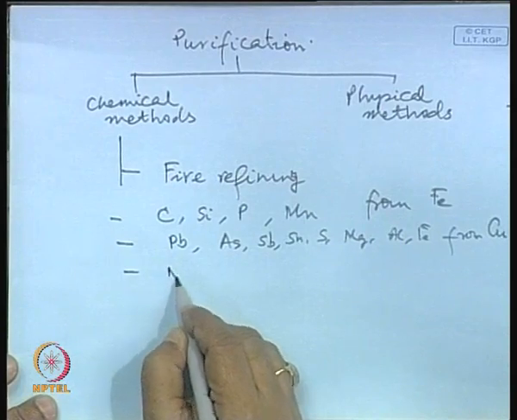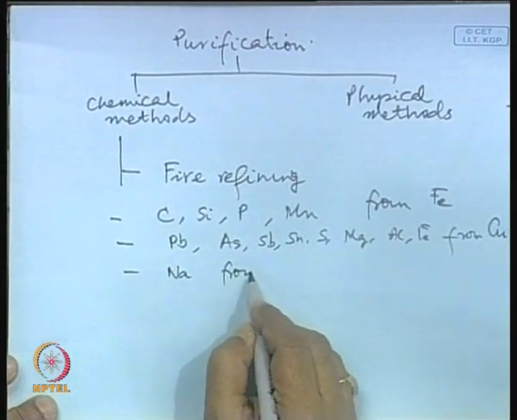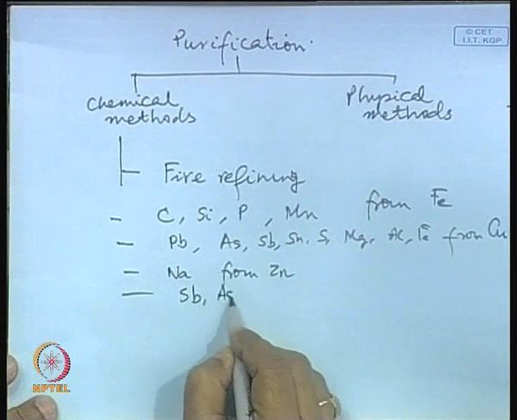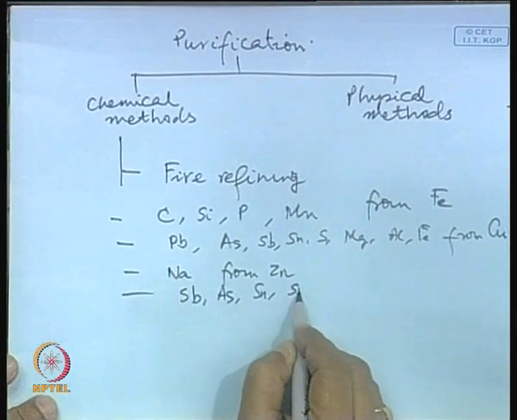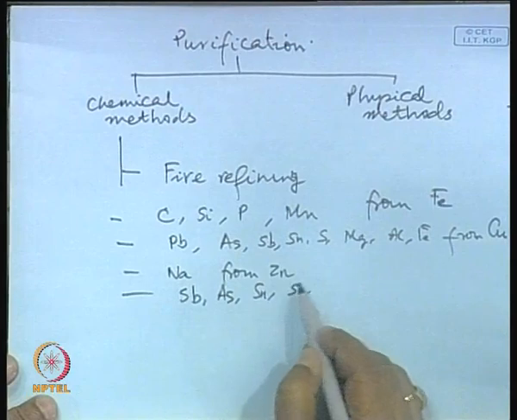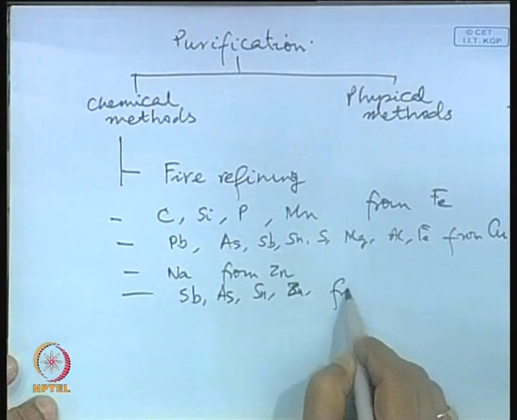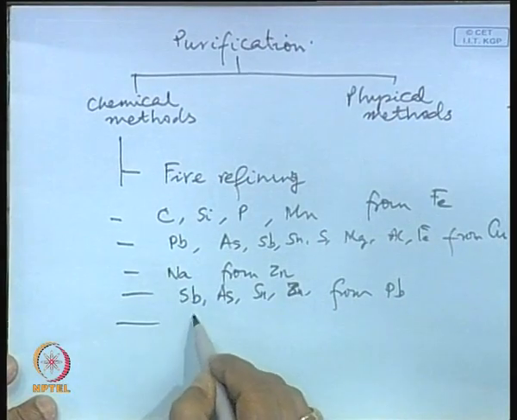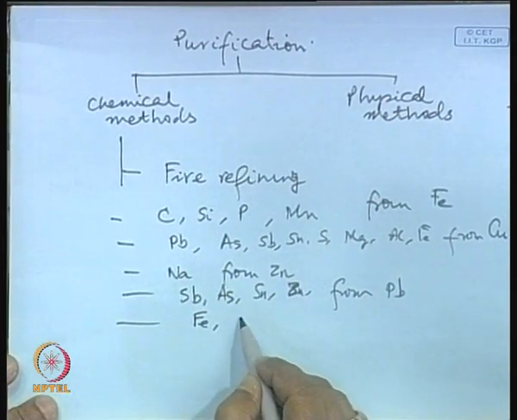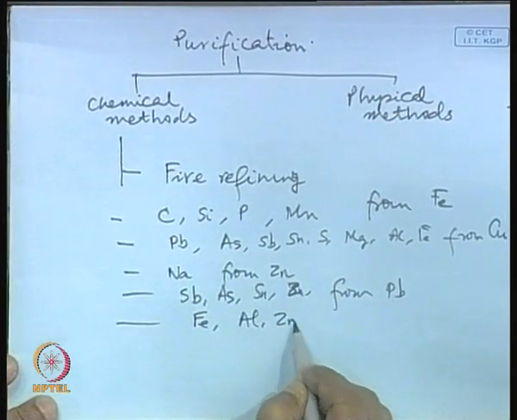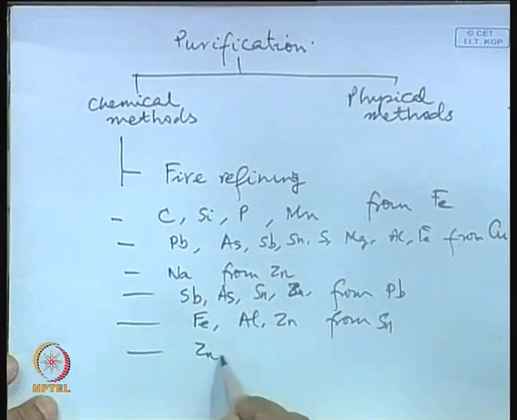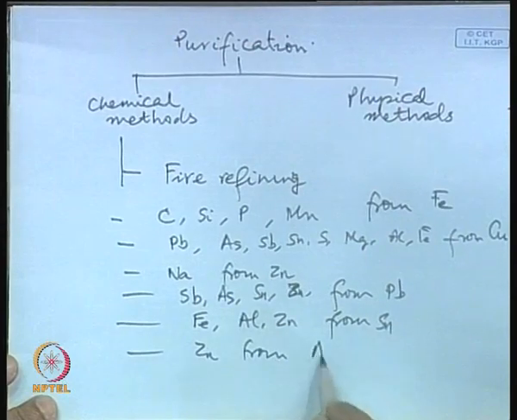We can remove sodium from zinc, we can remove antimony, arsenic, tin, zinc from tin and zinc from lead, and there are many others. We can remove iron, aluminum, zinc from tin and zinc from gold.